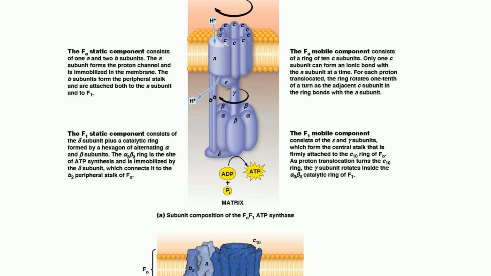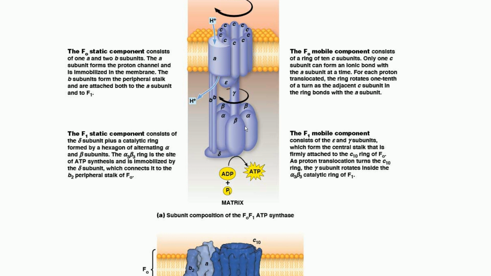Because of the neutralization of the charge, there is a breaking of the bond between the aspartic acid and the arginine which is present in this subunit. It breaks the bond, and as a result, this ring moves. When one subunit moves, this ring moves by 1/10 turn. So this is the way this ring moves by the flow of the protons.